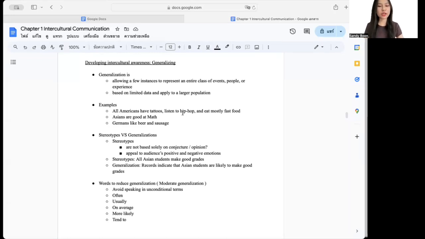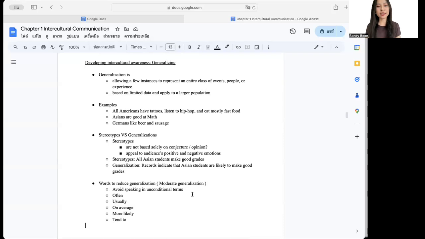The book is not recommending that we stop generalizing, but if you can avoid it, then do. Because generalization is very easy to do and very hard to avoid. So maybe if you cannot stop generalizing, then have a moderate generalization. Don't overgeneralize. To reduce that, you can avoid speaking in unconditional terms.